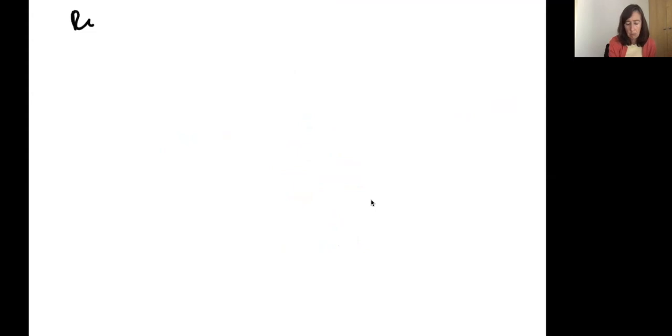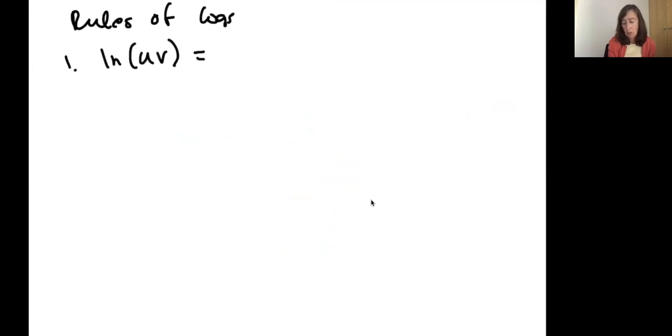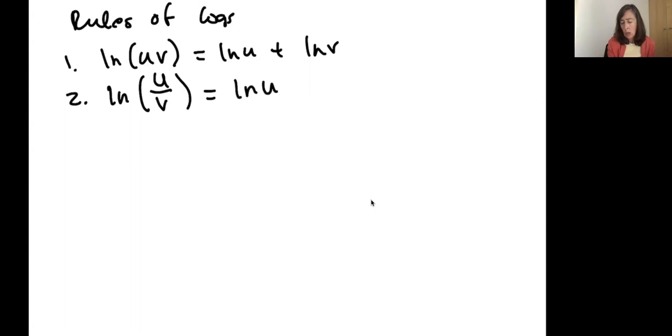Of logs, we just showed rule 1, that's log of u times v equals log of u plus log of v. We've got a similar thing for quotients. The log of u divided by v is the log of u minus the log of v. It's almost the same process.